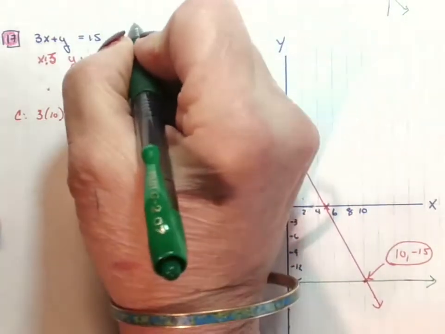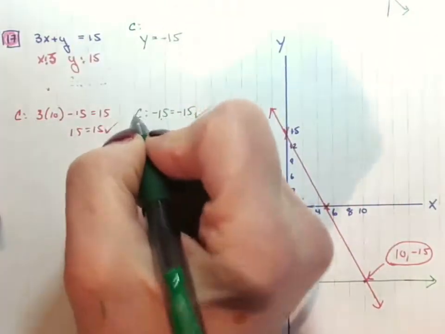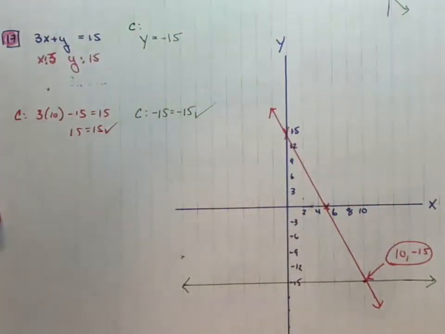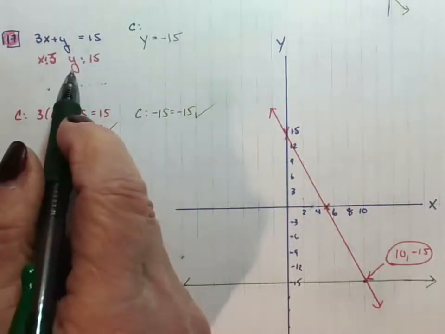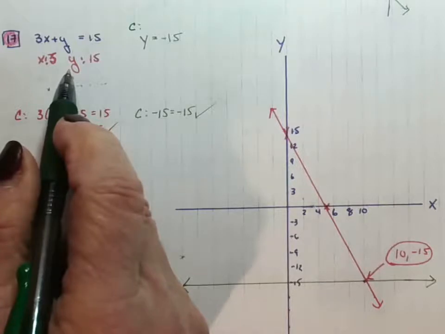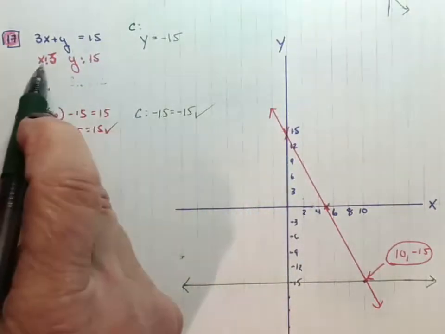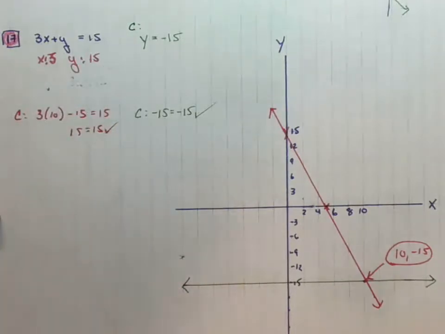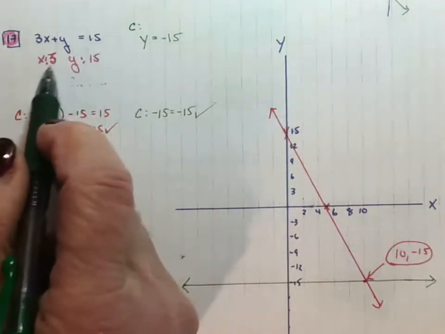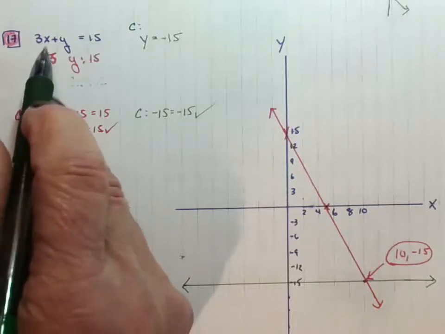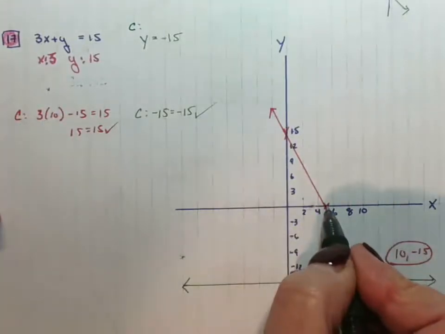Okay, over here I did the check. So here, if you use x and y intercepts, you're going to get the x-intercept is 5, which is here.